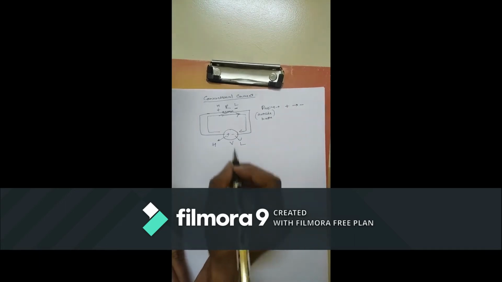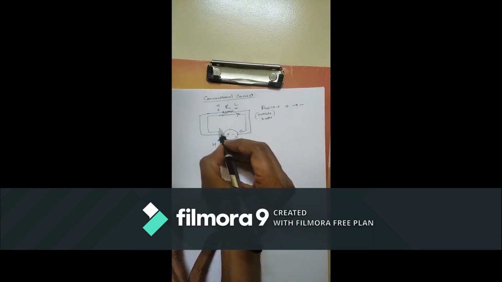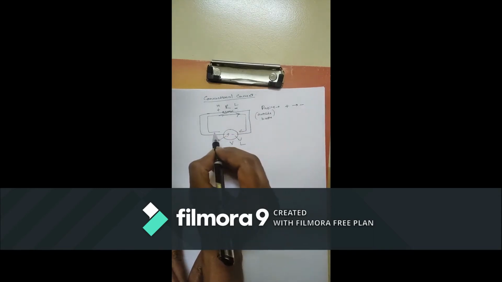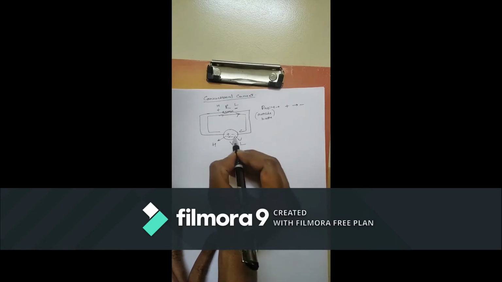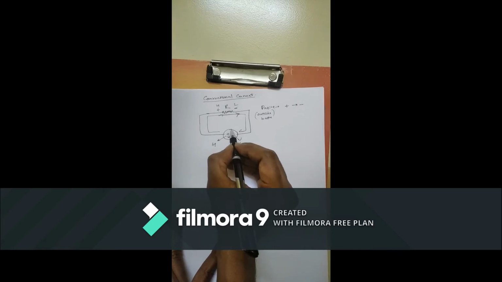But if you look inside the battery, current should follow a closed loop, so inside the battery current is flowing from minus to plus, from lower potential to higher potential. Why? Because it is the function of the battery. The function of the battery is to supply energy to the electron. It will pull the electron and place it at the higher potential.